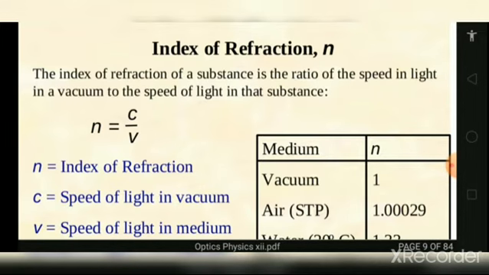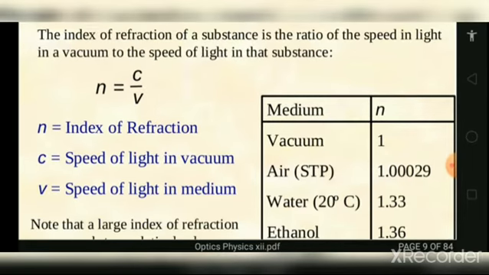The index of refraction of a substance is the ratio of the speed of light in vacuum to the speed of light in that substance. n is equal to c upon v, where c is the speed of light in vacuum and v is the speed of light in the medium.